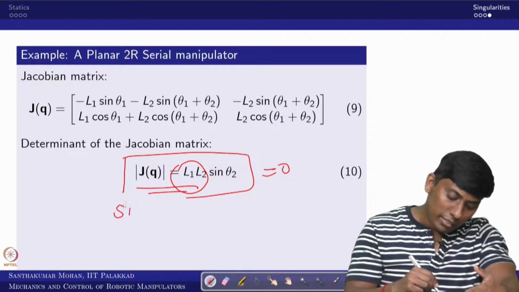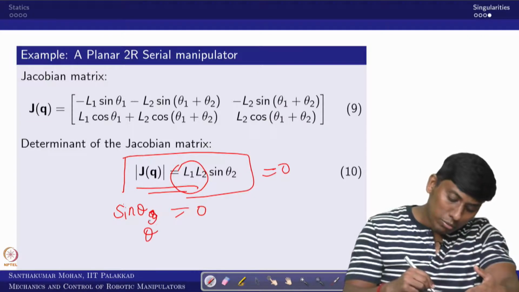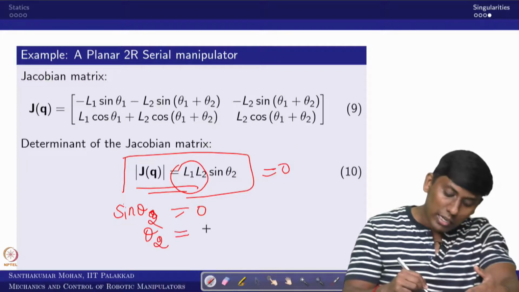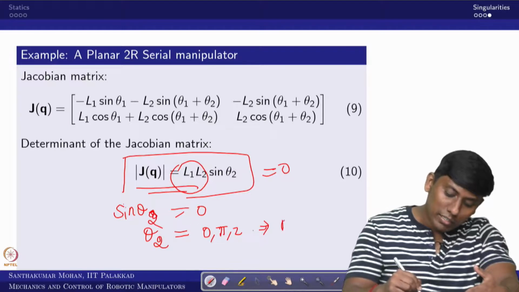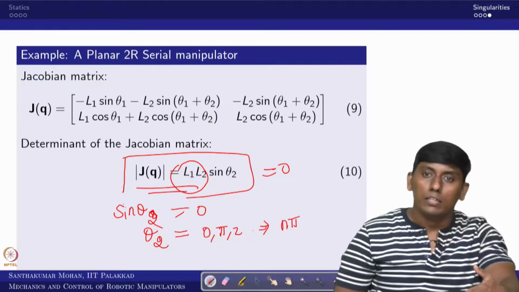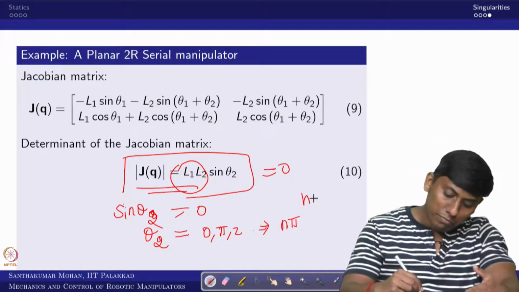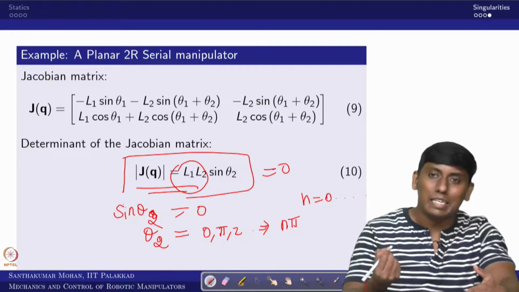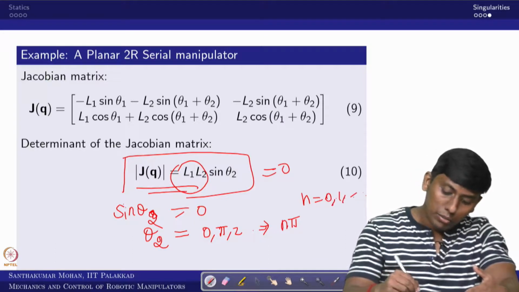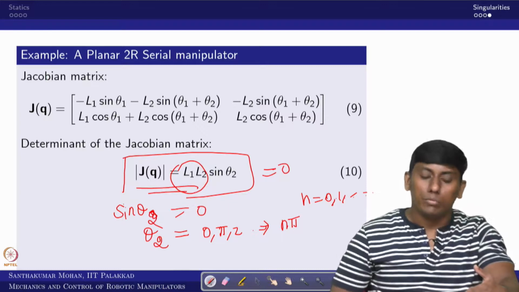Then you can see sine theta 2 is 0, this is the reduced form. So theta 2 is either 0, pi or 2 pi; in other words, n pi, where n can be any number: 0, 1, 2, 3. This is the condition.